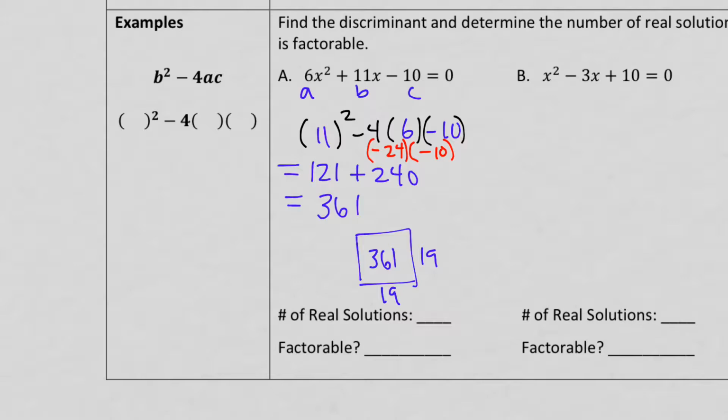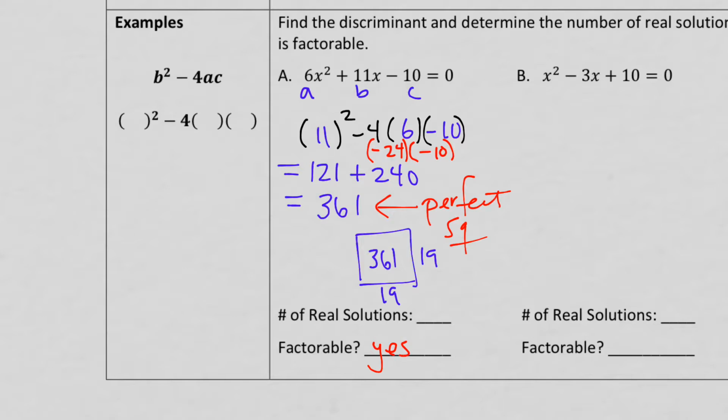In other words, 361 is 19 times 19, which means that this is going to be a perfect square. Remember that whenever your discriminant, this number that you produce, is a perfect square, that tells you that this quadratic is factorable. So because this result is a perfect square, you would say yes, we can factor this quadratic.